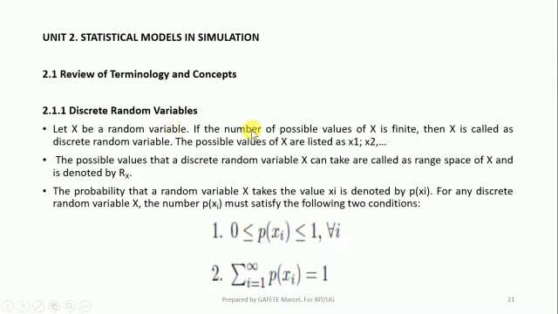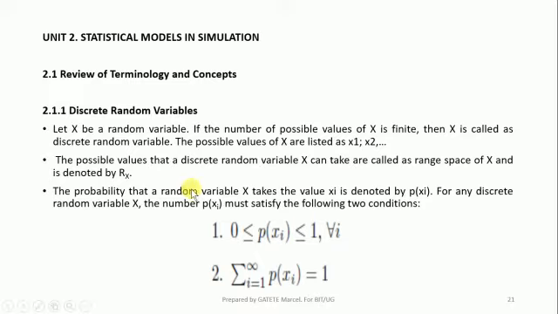If the number of possible values of x is finite, if we know the expected number of values which can be held in x, it means it is finite.